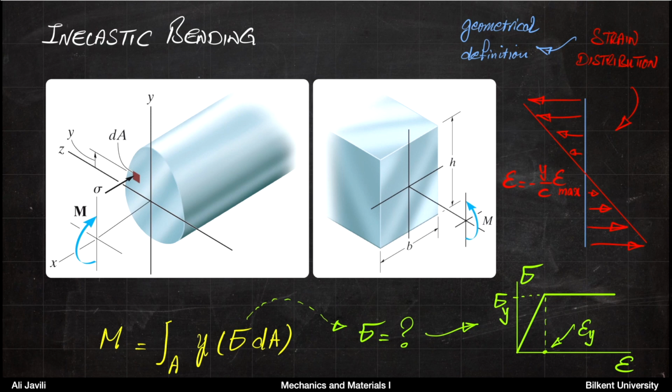So now the question is, if we increase that limit, then we come to a point that the material yields. So we come to the yield stress sigma y at the yield strain epsilon y basically. So we want to know how to calculate the relationship between moment and deformation basically if you have an inelastic bending.